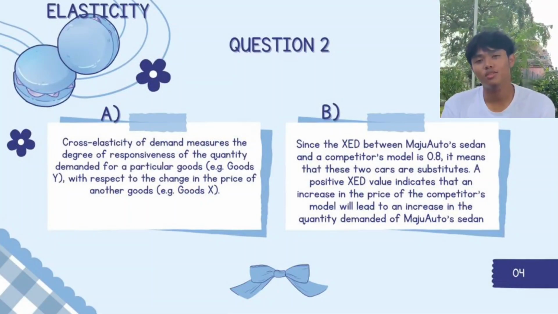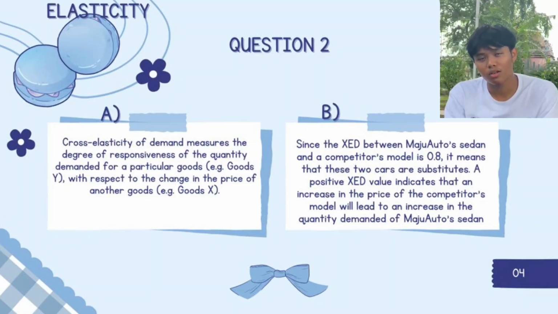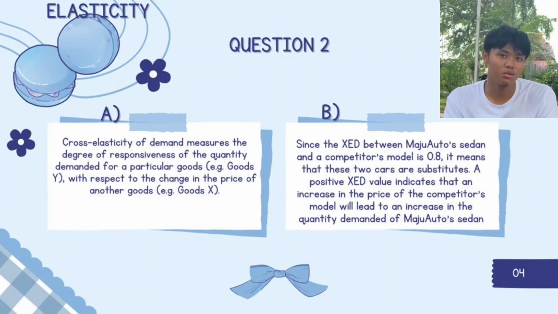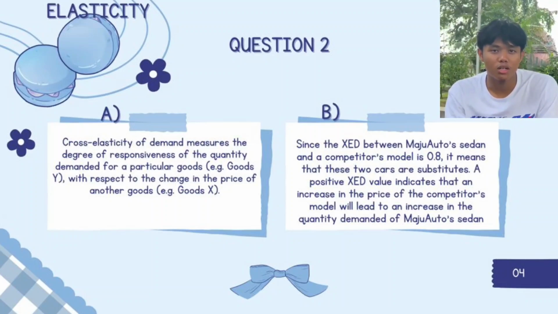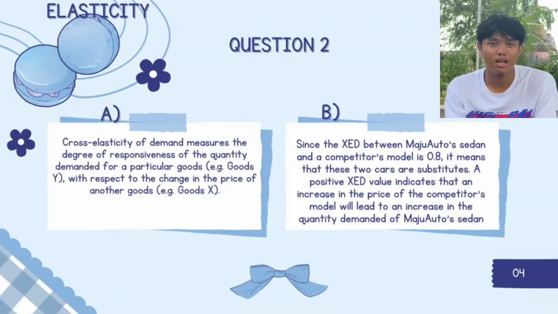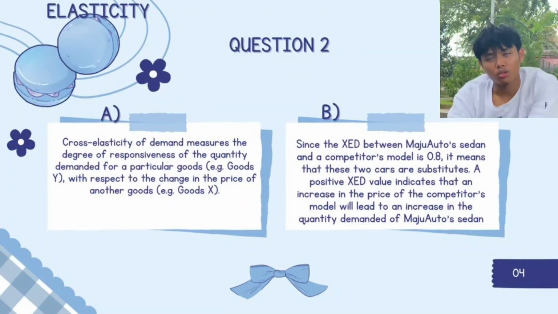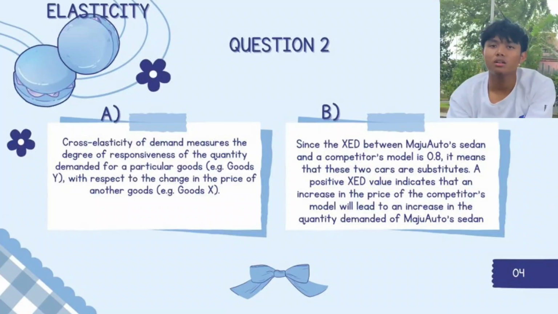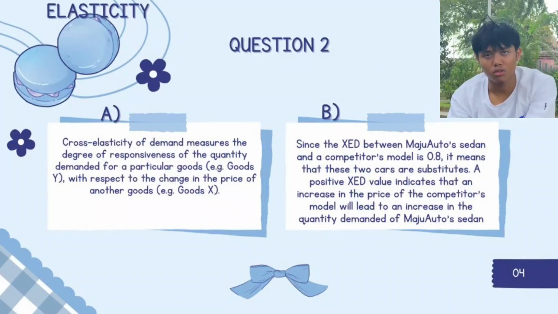Cross elasticity of demand measures the degree of responsiveness of the quantity demanded for a particular product, like good Y, with respect to changes in price of another product, like good X. Since the XED between Maju Auto Sedan and the competitor's model is 0.8, it means these two cars are substitutes.